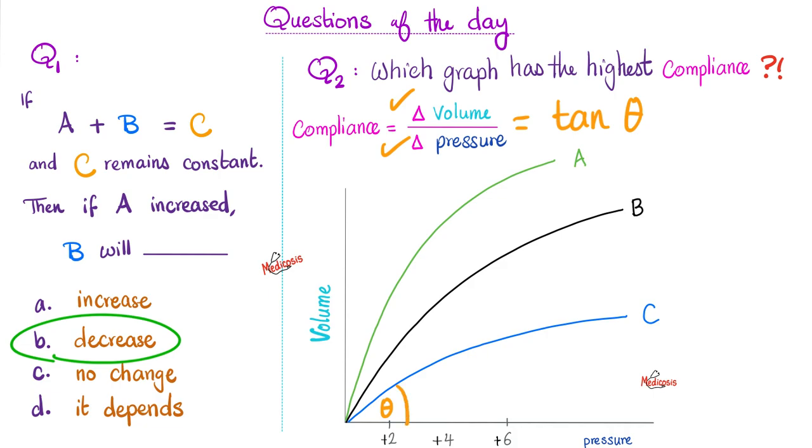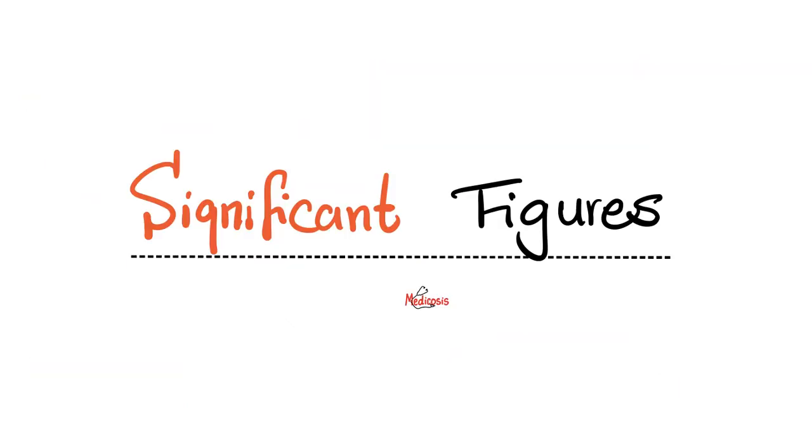The theta for graph B is all of this angle. For A, it is all of this angle. The bigger the angle, the bigger the tan of the angle, and the bigger the slope. So which one of these 3 graphs has the biggest angle? The answer is A. So A has the highest compliance, B has an intermediate compliance, and C has the lowest compliance. And now on to today's topic, significant figures.